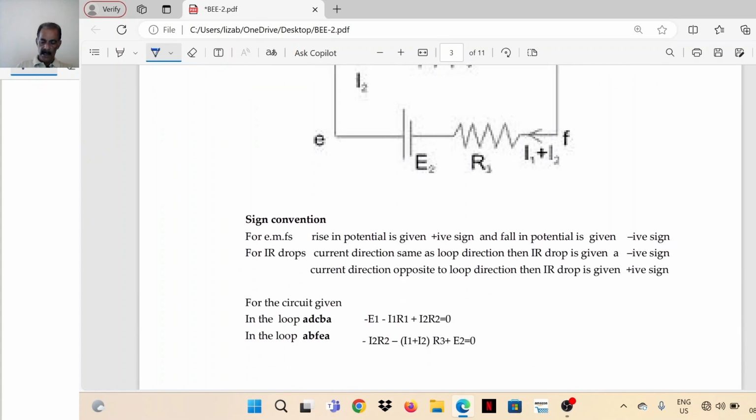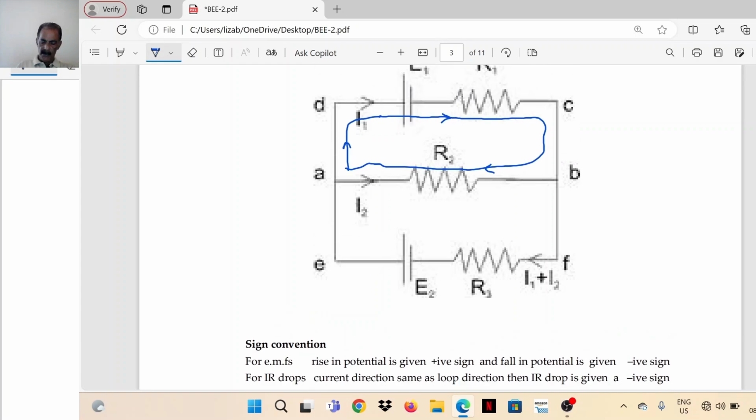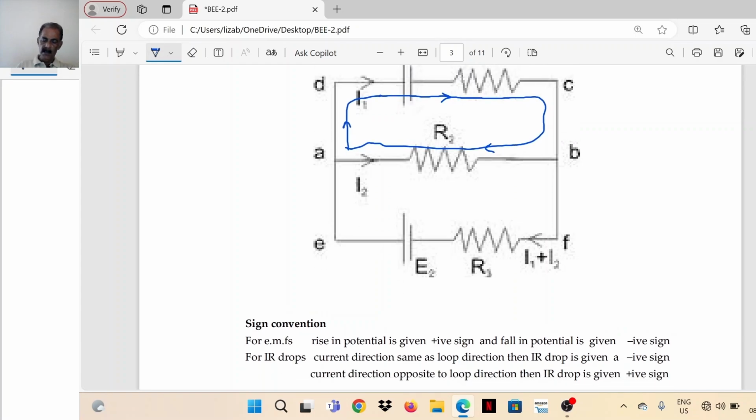So the sign convention is for EMF source, rise in potential is given a positive sign. This is an EMF source, say E1. This is the direction of the path or closed path or loop. Loop is oriented from the negative of the battery to the positive of the battery. So it is a rise in potential.